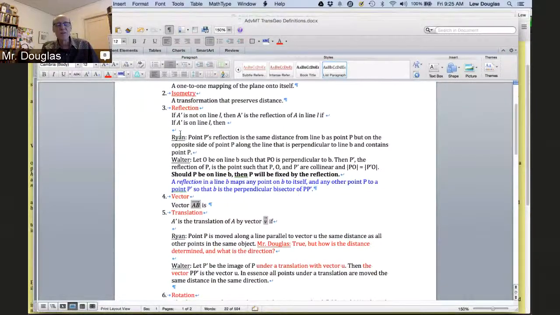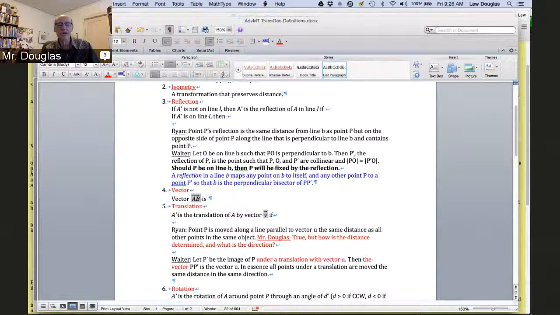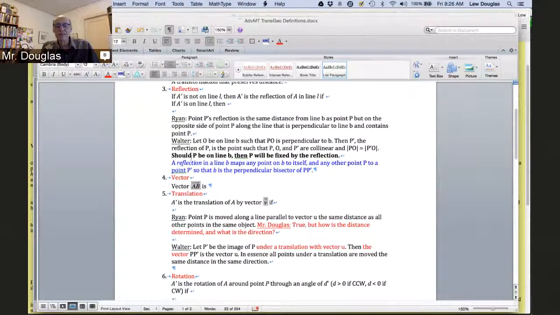Okay. Now reflection, you guys did. So this is what Ryan said. Right here, you can read that. Okay. And Walter said this. Walter tends to be, he has a lot of mathematical sophistication when he writes, possibly from the fall course you took, right?